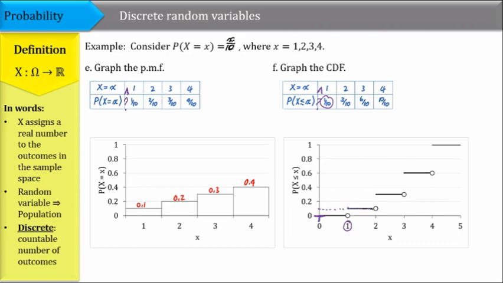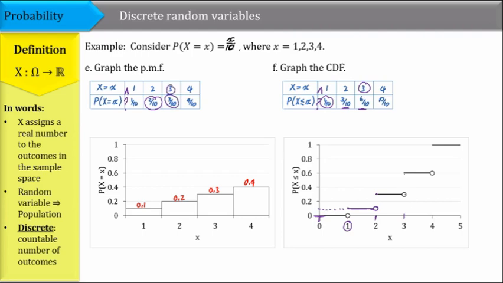Then all the way up to position 2, the probability will remain 1 over 10 until we add the 2 over 10. And then at position 2, we have a jump up to 3 over 10. So that's why we have this empty circle here, just to remind us that the jump takes place over here. So when we are at position 2, we have jumped already. When we're at position 3, the probability increased from 3 over 10 to 6 over 10 because we added this 3 over 10 when x turned 3.